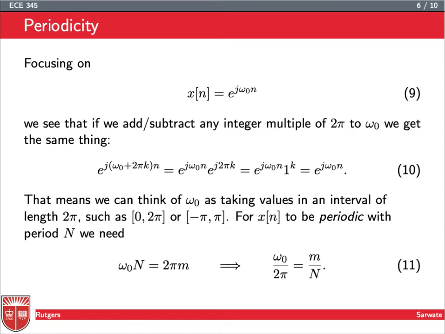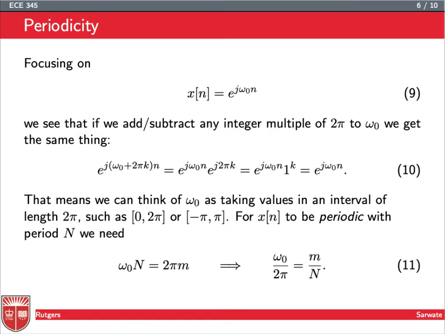But for the discrete time case, it's a little bit more complicated. So we can add or subtract any integer multiple of 2 pi to omega naught, and we're going to get the same thing. So if we have e to the j omega naught plus 2 pi k times n, now we have e to the j 2 pi k n, that's just 1 to the k, and we just end up getting e to the j omega naught n.